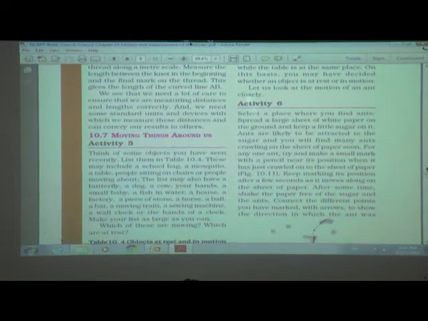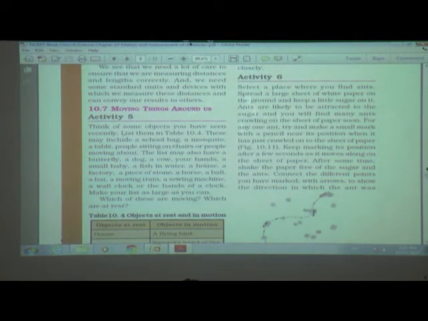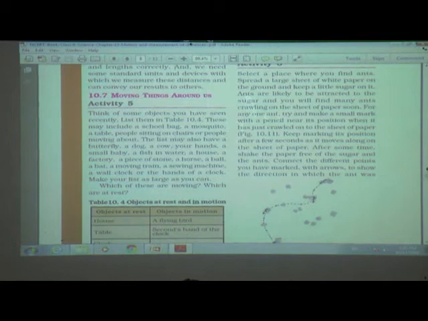Okay, now moving things around us. Here, think of some objects you have seen recently. So students, just think about the objects. List them in Table 10.4. These may include a school bag, a mosquito, a table, people sitting on chairs or people moving about.